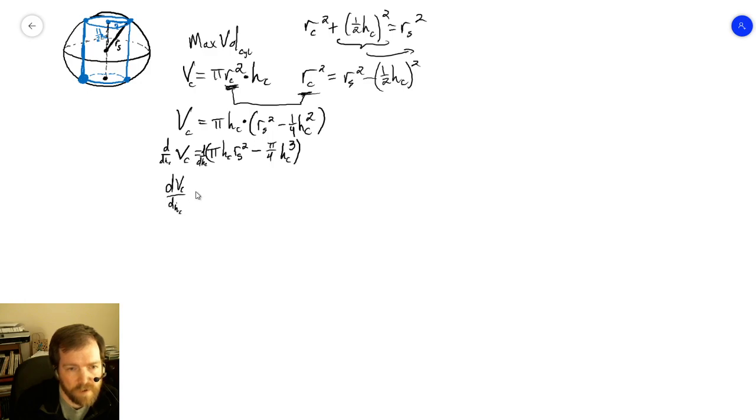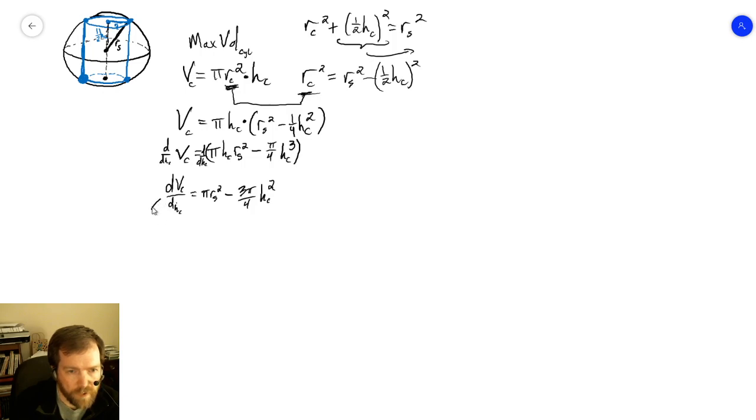It's going to be equal to, this is pi, radius of the sphere squared is going to be constant, so that all comes out. Pi radius sphere squared times the, so dH is 1. Minus, here the 3 comes down, so that's 3 pi over 4 times height of the cylinder squared.